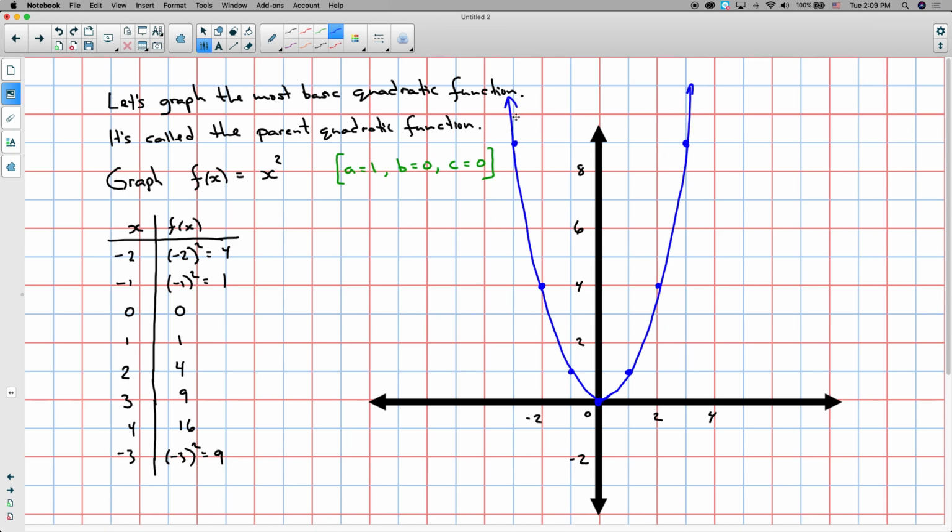Okay, so that is pretty good drawing. And that is our parent function for the quadratic. This shape is a parabola.